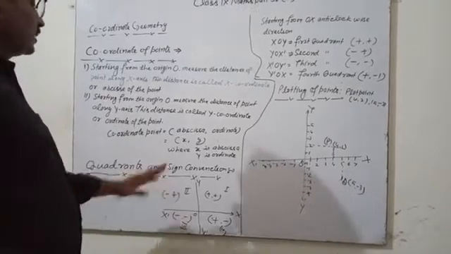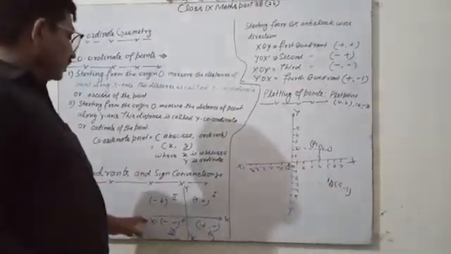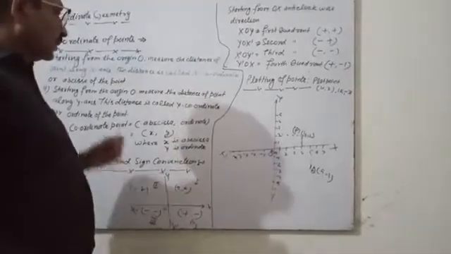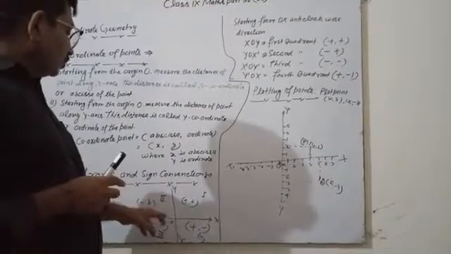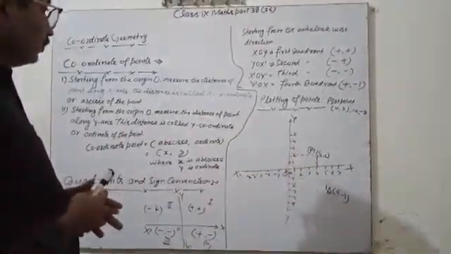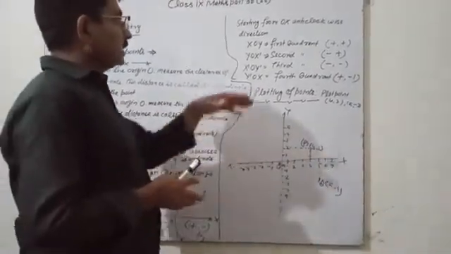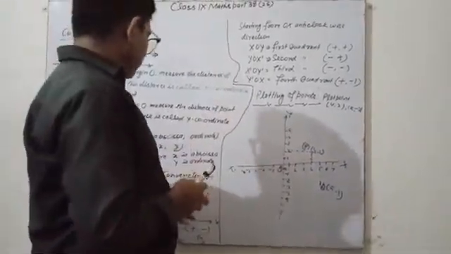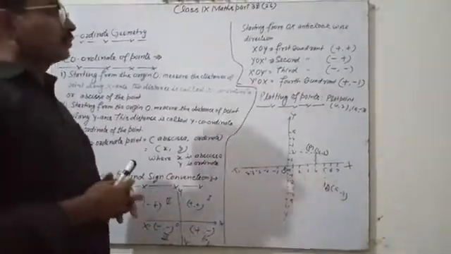Quadrants and sign convention. There are 4 quadrants. The x axis XOX dash and YOY dash divide the plane into 4 quadrants. Starting from OX in the anti-clockwise direction, XOY is known as the first quadrant.